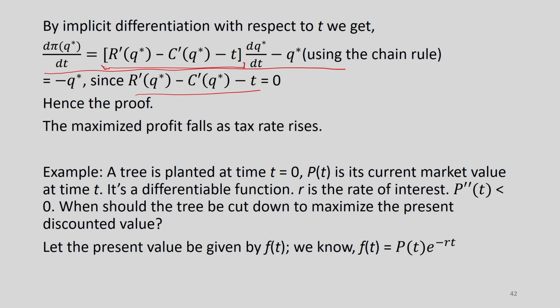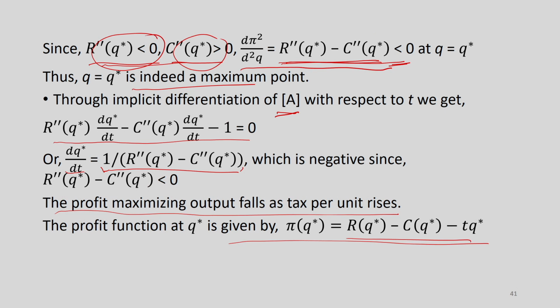So, here what we have done, to understand why we did this exercise, is that we have used the condition that at the point where the profit is getting maximized, the second order condition is getting satisfied.